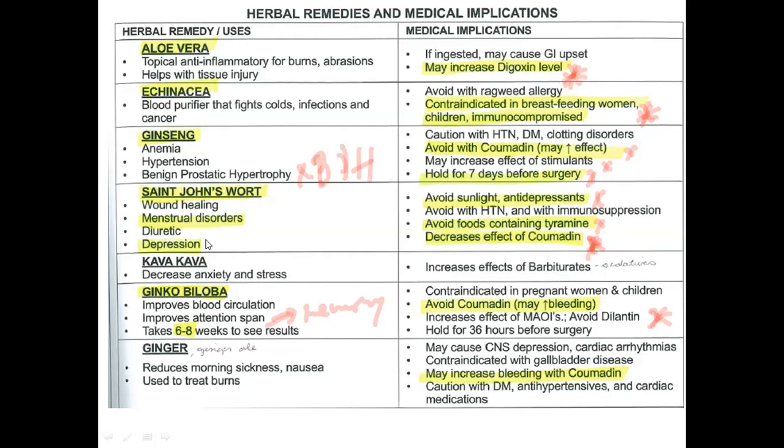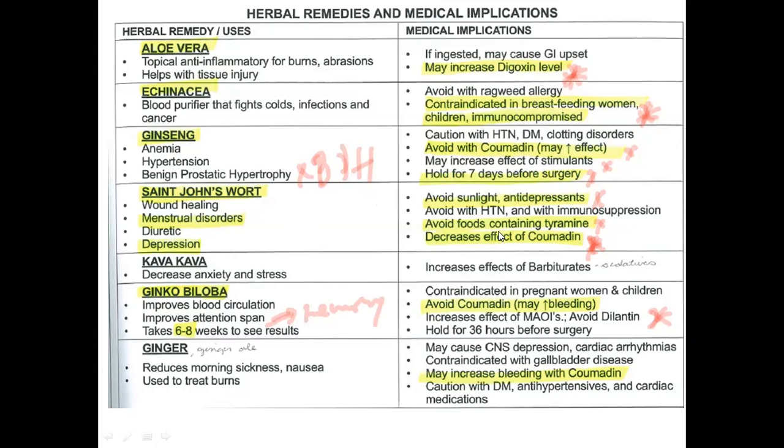But it is very important, if your patient has to take St. John's wort, tell them not to go under the sun because it causes photosensitivity. Avoid the sunlight. Antidepressant and St. John's wort never ever together, right? Also avoid with hypertension or immunocompromised patient.